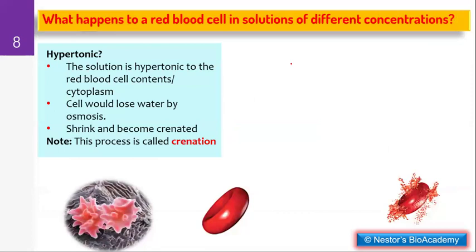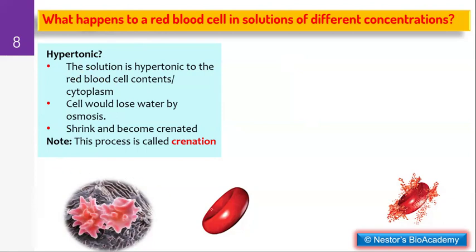Next, we also need to look at what happens to a red blood cell when it is placed in solutions of different concentrations. So what is going to happen to a red blood cell when you place it in a hypertonic solution?